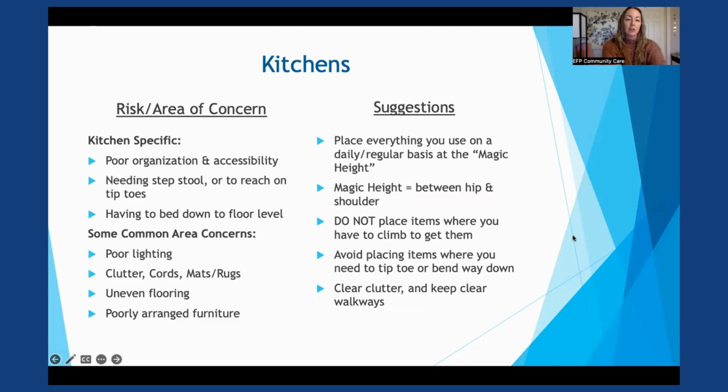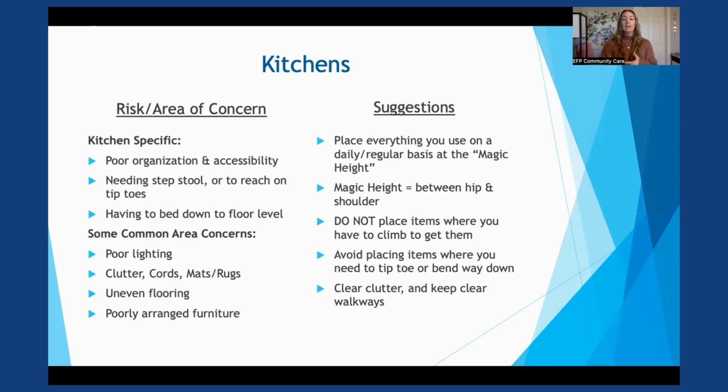Okay, so in the kitchen. Risks or areas of concern for the kitchen: poor organization and accessibility of what you use on the regular, needing a step stool or to reach on your tiptoes, or having to bend down to the floor level. We really suggest that you place everything that you use on a regular, daily basis at our magic height.